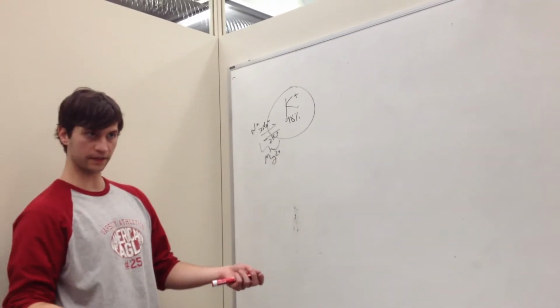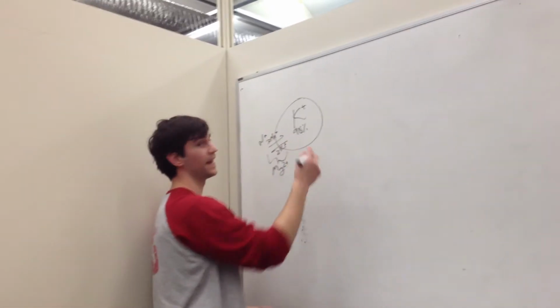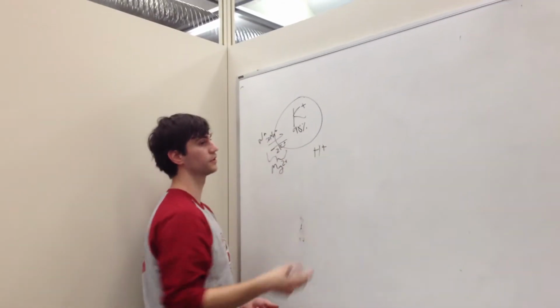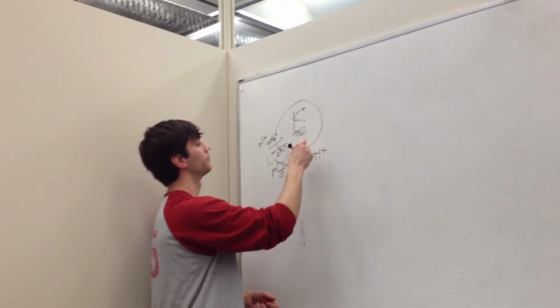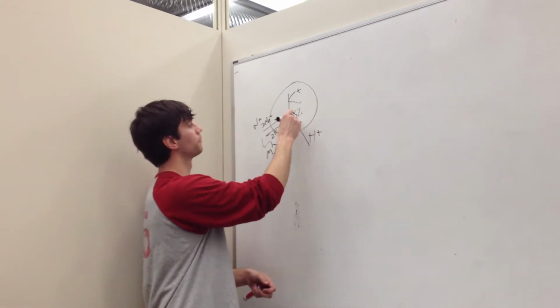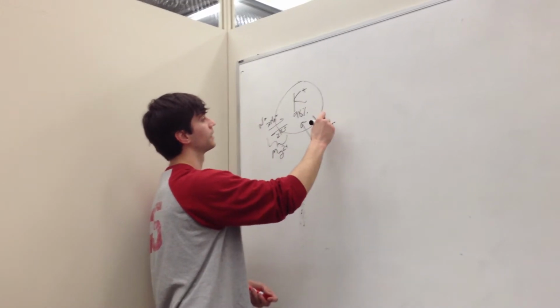Other things that may affect potassium in the cell are things like acid-base status. If you have metabolic acidosis or any acidosis, you want to try and remove that acidosis, so you're going to bring acid into the cell, and then potassium gets shot out.